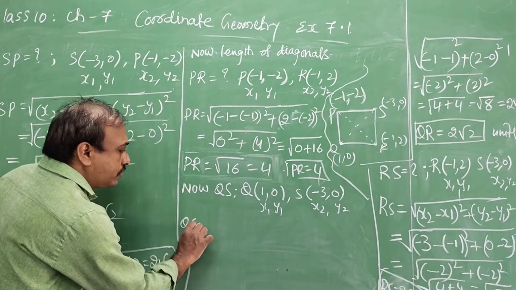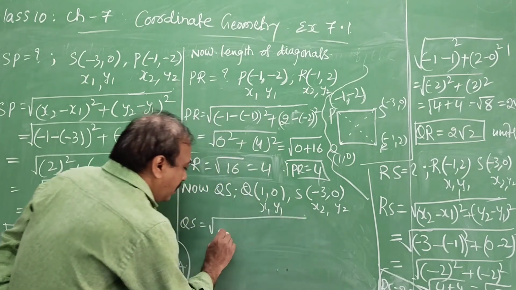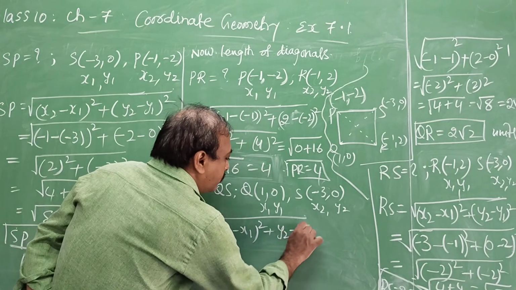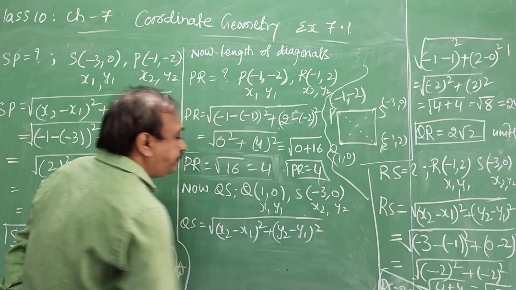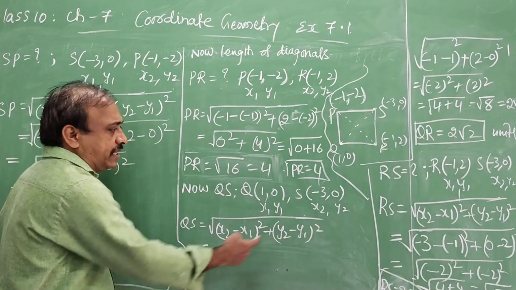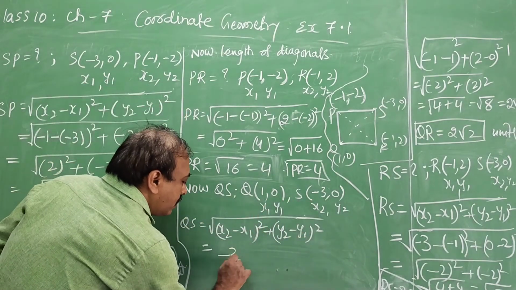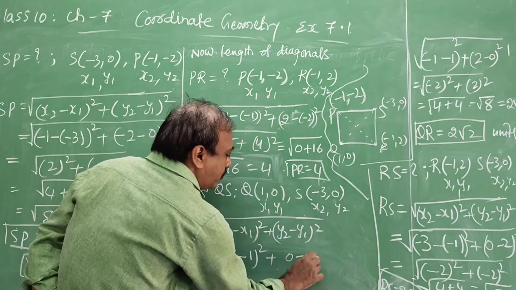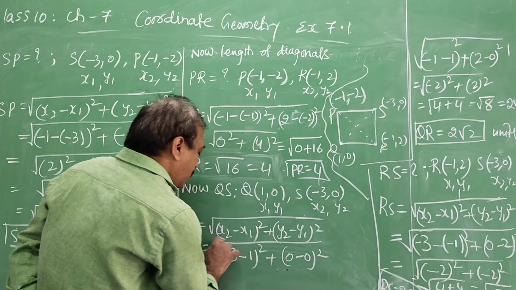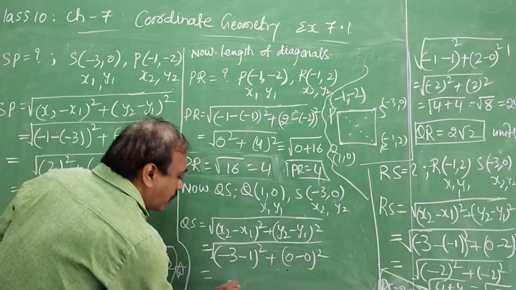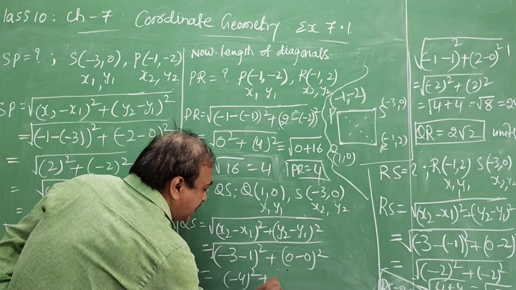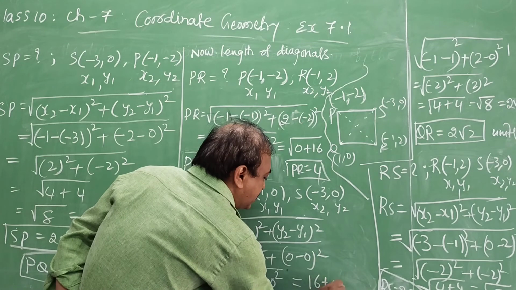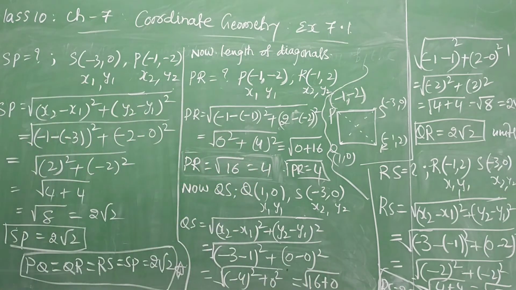QS is equal to root of (x2 minus x1) whole square plus (y2 minus y1) whole square. So x2 minus x1 is minus 3 minus 1, whole square, plus y2 minus y1, 0 minus 0, whole square. Now minus 3 minus 1 is minus 4 square plus 0 square. Minus 4 square is nothing but 16, plus 0, we get 16.